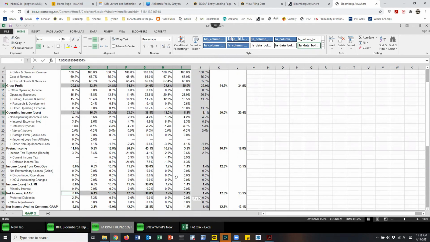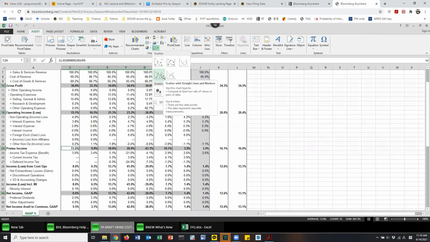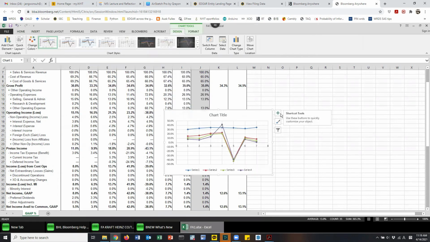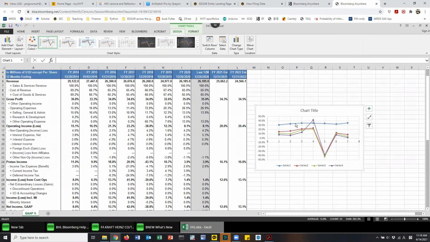Yeah, let's have a look at these 3 lines, and maybe 4 lines, pre-tax income. Okay, and then go to insert, click chart, and scatter plot. Something like this we have, but it indicates they are series 1, 2, 3, 4 instead of gross profit and the like.